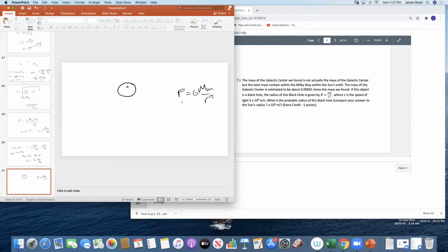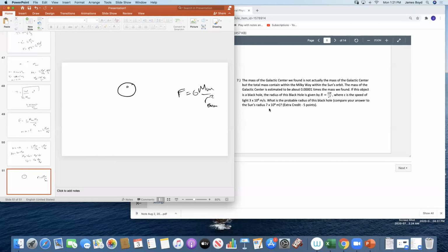So really, this is only the radius of the orbit of the sun, right? With respect to the center of the Milky Way. And that mass actually ends up only being about 1 part in 10,000 of the actual mass of the Milky Way.